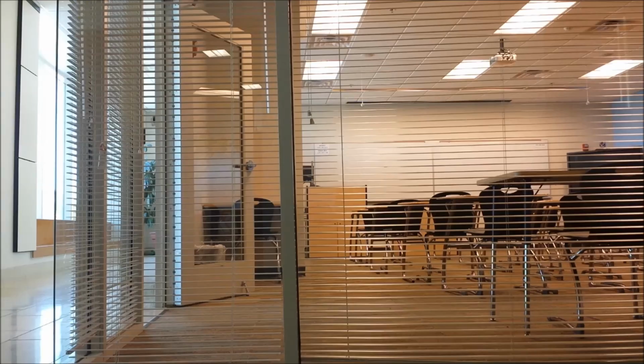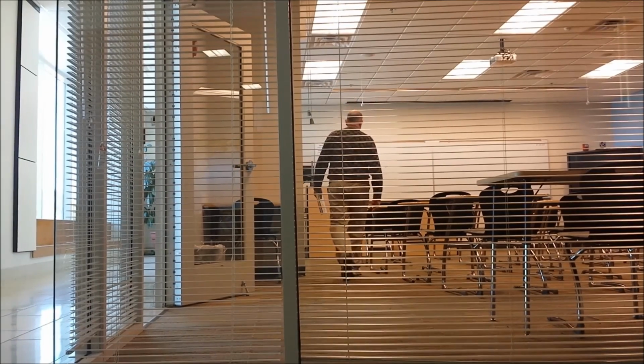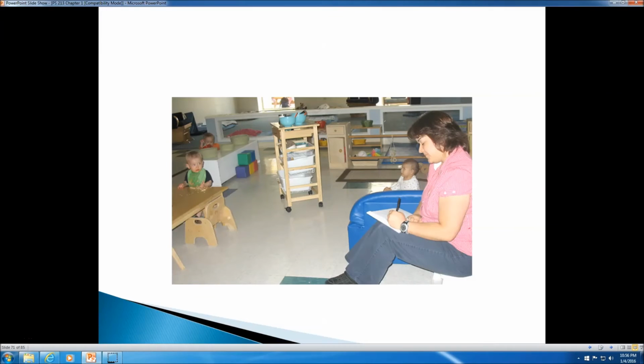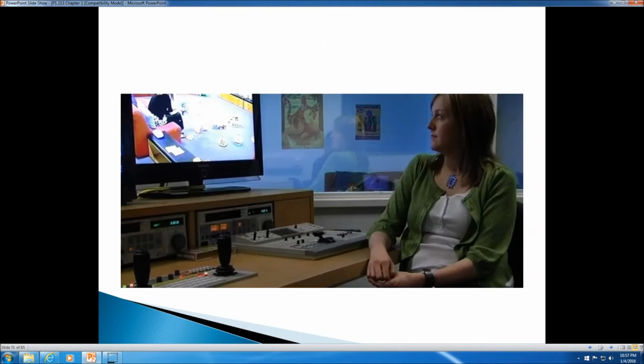We gather data, and it turns out there's many methods and ways to gather data. We could start with systematic observation, where we observe children in their natural setting.